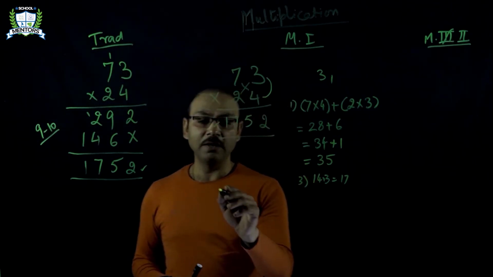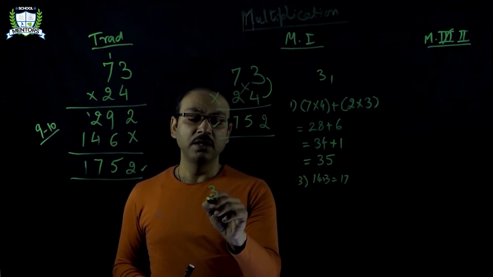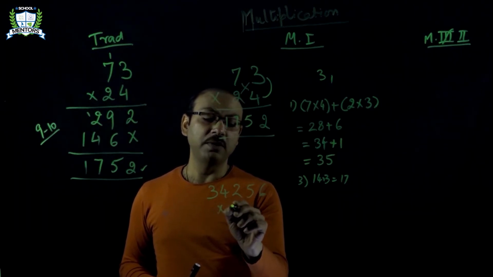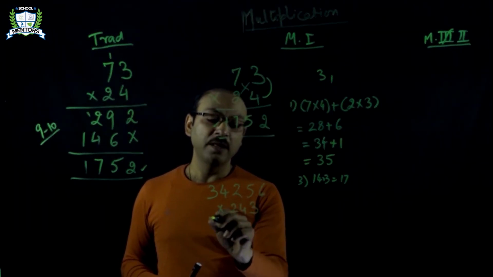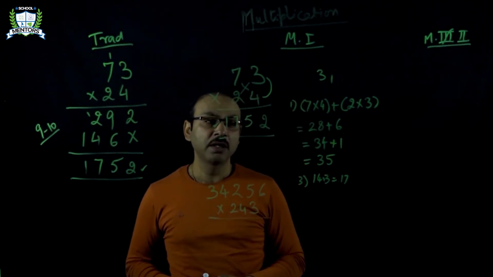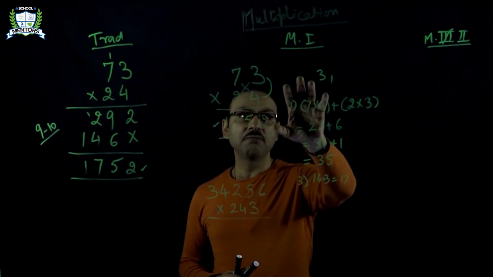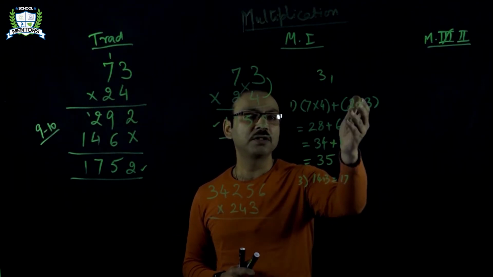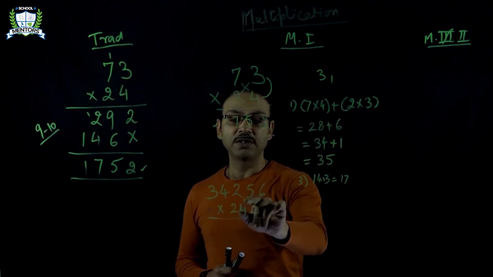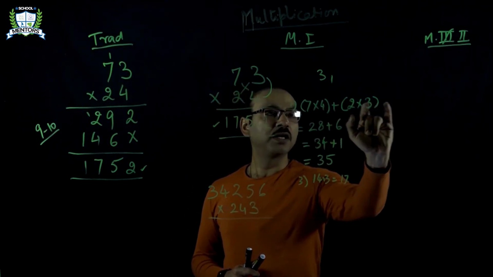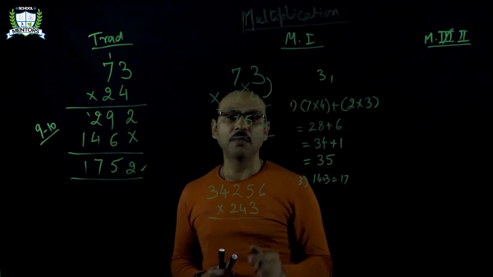But what if we have to do a calculation, let's say 34256 multiplied by 243? In this kind of multiplication, yes, we can do it by the traditional method, but if we start doing this by the Vedic Maths method, then things become much more complicated because the number of additions will start to increase. You have to do multiplications and everything in your mind.